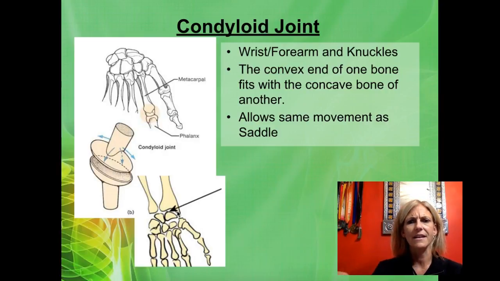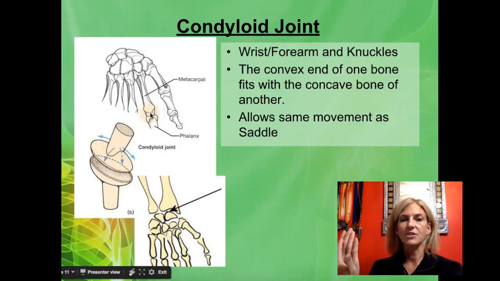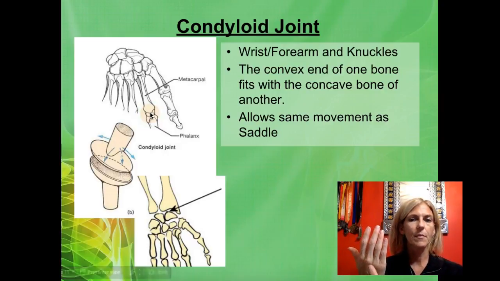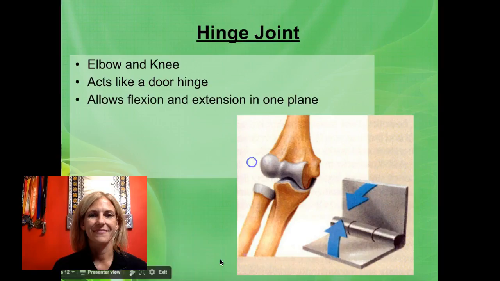Again, give it a try. Can you move your hand any other way? Also here in your knuckles, so not in between each phalange, but here between the metacarpals and the phalanges. So you have the convex end of one fitting into the concave end of another.